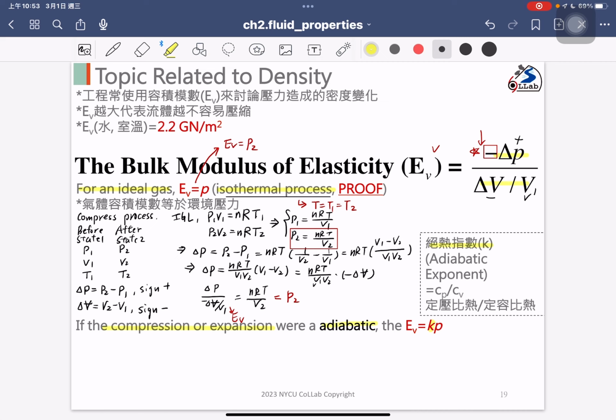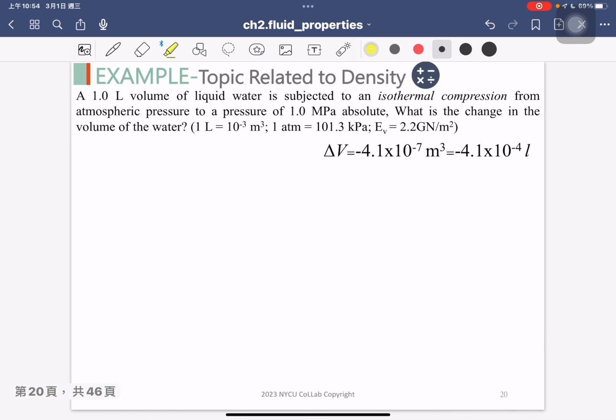Sometimes in fluid mechanics we don't touch topics related to thermal problems, so just keep in mind that in the future you may meet some thermal problems, and you should apply the k number in here.